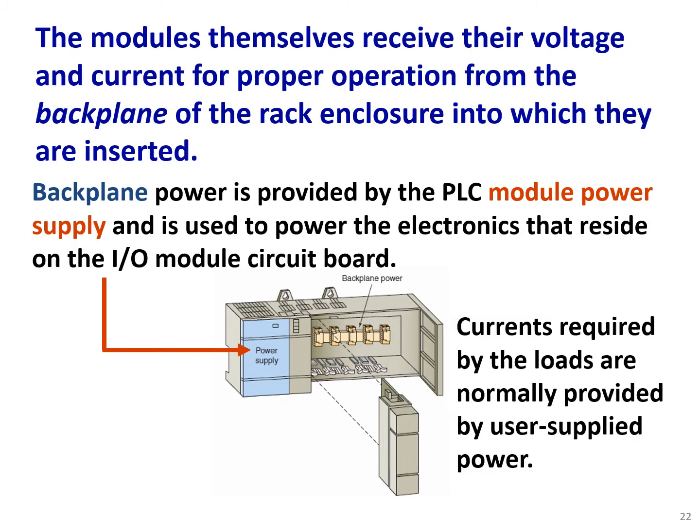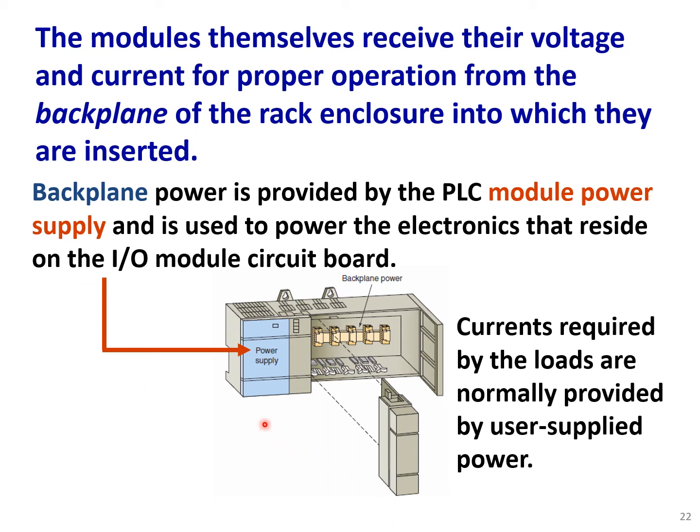The modules themselves receive their voltage and current for proper operation from the back plane of the rack enclosure into which they are inserted. Back plane power is provided by the PLC module power supply and is used to power the electronics that reside on the I/O module circuit board.